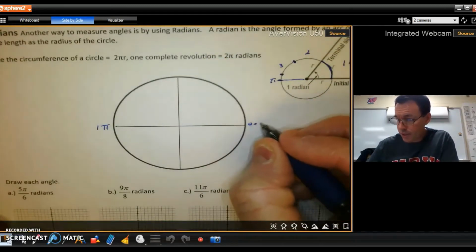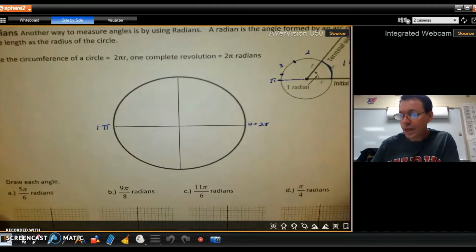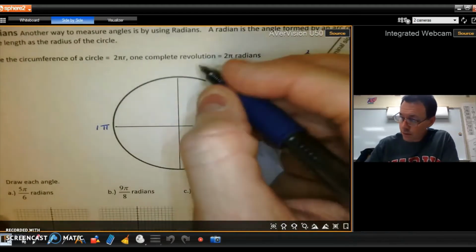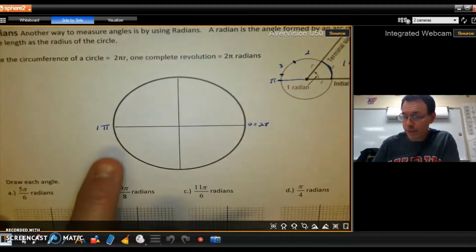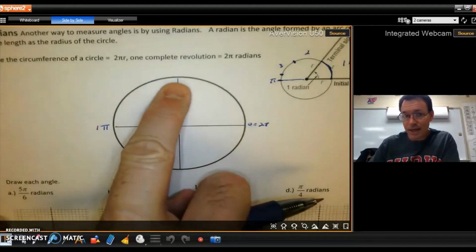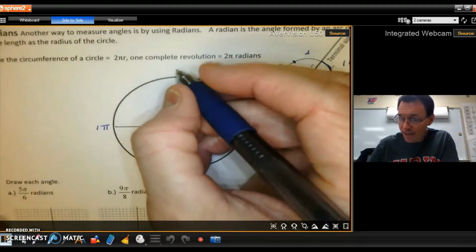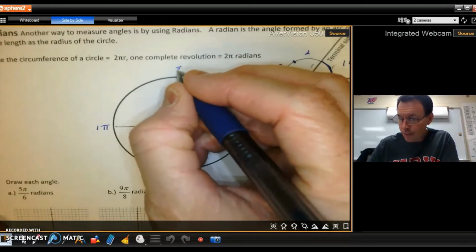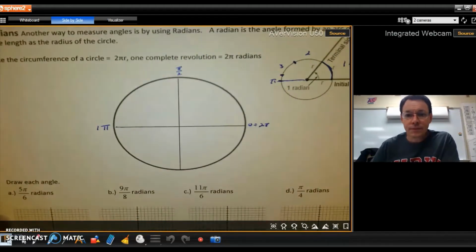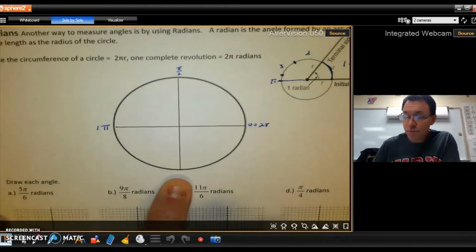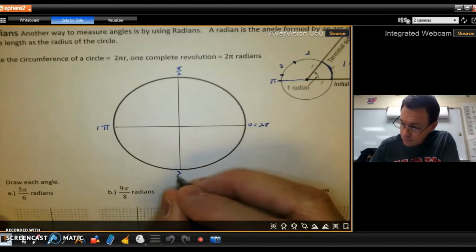So this would also be the same as 2 pi. Halfway, that's half pi, right? So if this is 1 pi, that's halfway. So that's 1/2 pi, or pi over 2. Half pi. Take a pi divided by 2. And then down here, this would be 3/2, or 3 pi over 2.